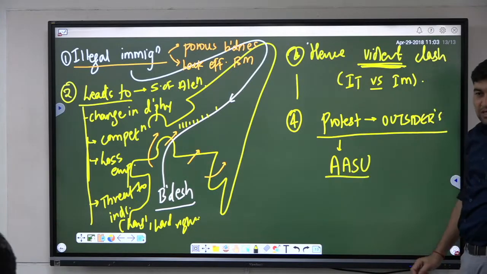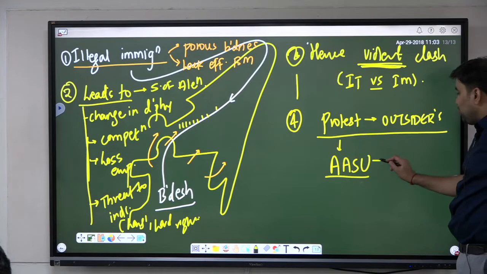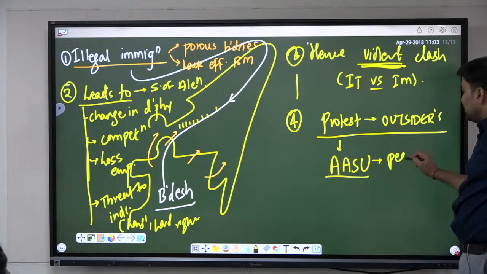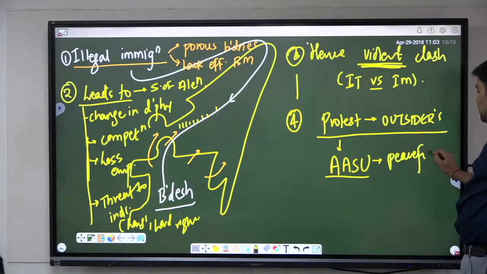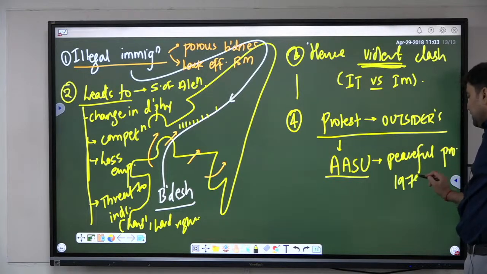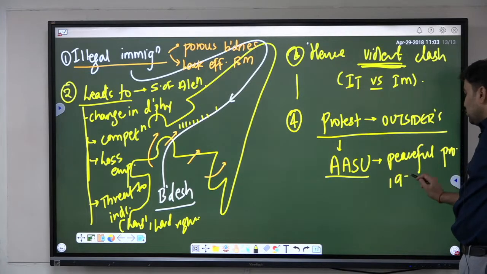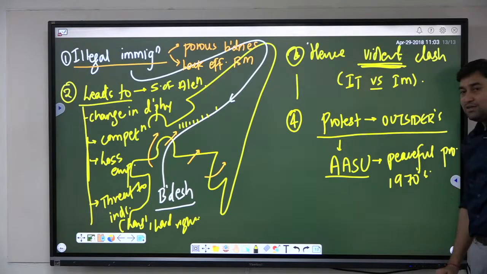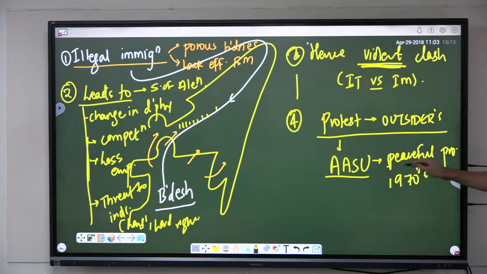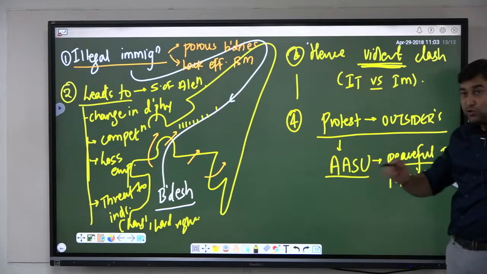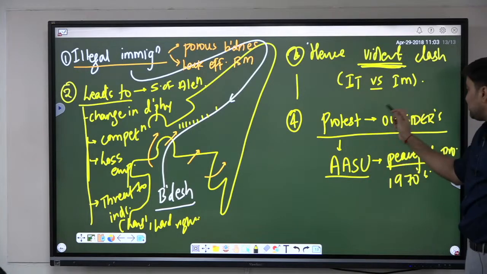How was their protest? Peaceful protest. In the 1970s, ASU started to protest against the outsider.